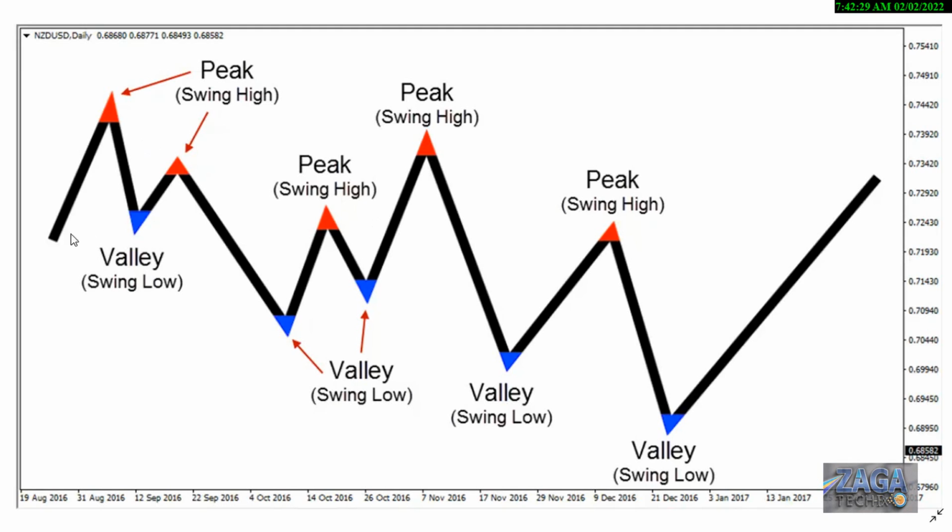To identify the swing high and swing low, we'll move into the chart to understand it. The market gets up here, rejected, comes down, rejected again to form support, up again, rejected, bounces off the resistance area, comes down again, forms support. All these are swing highs and swing lows.